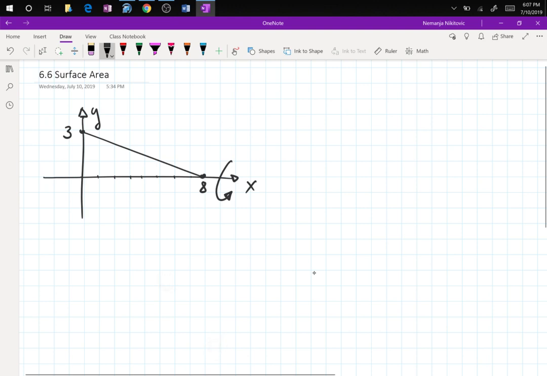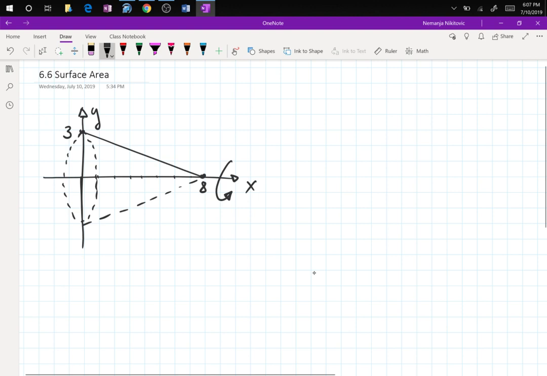So as you rotate this, it will create this other side, and it will create the rotation over here.